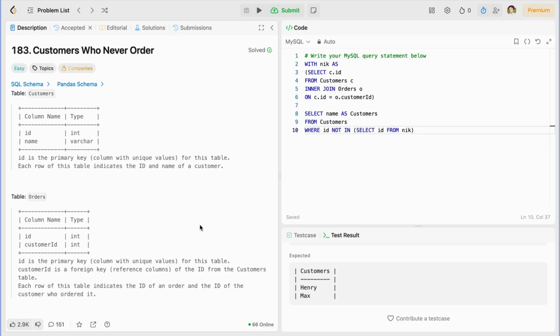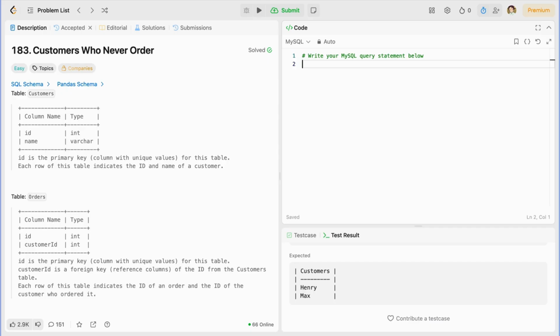For the third solution, let me remove this. The third solution is really simple. We are going to use a subquery.